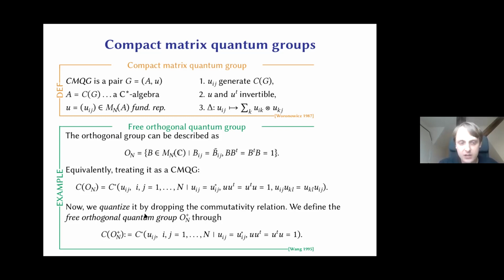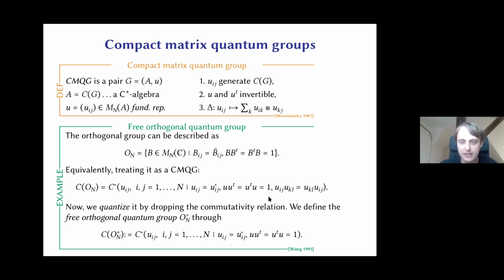And now the whole idea of quantum groups is that we can somehow drop or deform the commutativity. So I usually work with those quantum groups that are made by somehow liberation instead of deformation of those commutation relations. So I typically want to get rid of this commutation relation completely.